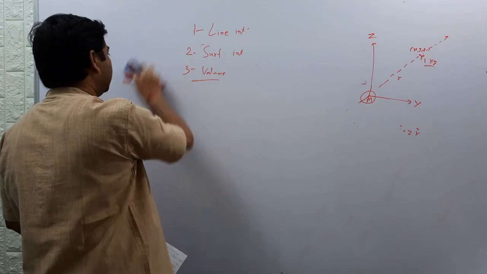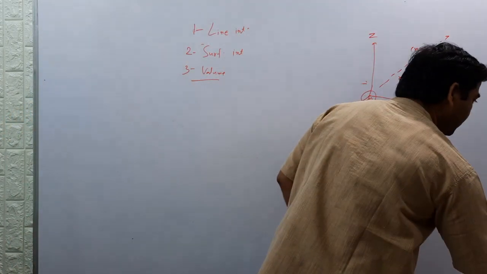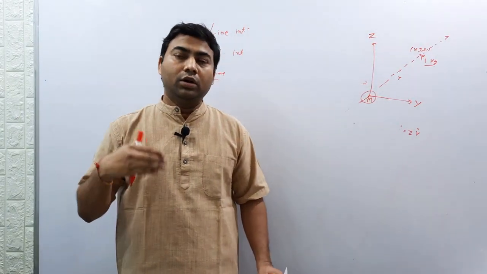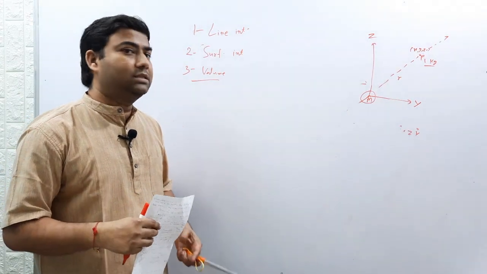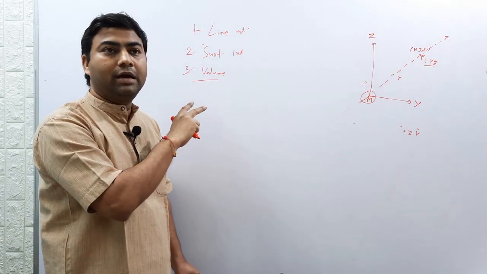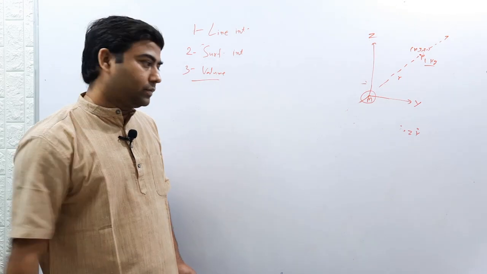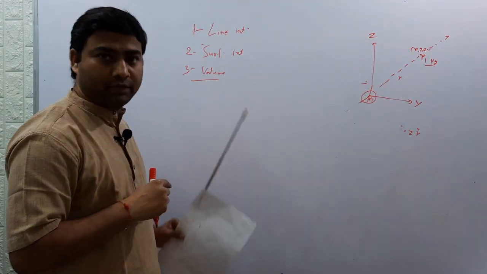What are these operations? Actually these operations are vector integration, simple integration. Only the special or extra thing is that they are carried out for a vector field along a line, along an area or along a volume. So we will discuss these concepts one by one.